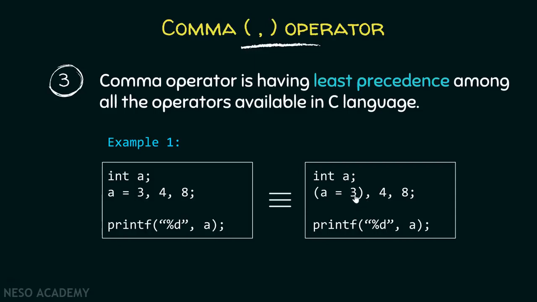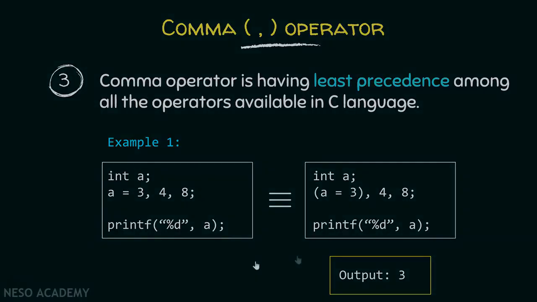Therefore, value 3 is assigned to this variable a and simply a will be printed, right? After that, comma operator will get evaluated, but as we know, this 8 value has to be returned to some variable, but there is no variable over here. So it will not do anything. Therefore, the final output is 3, not 8. Please be careful when dealing with questions like this.